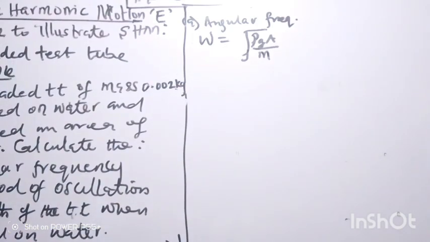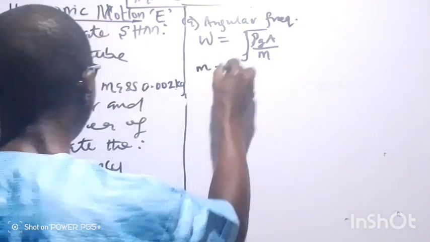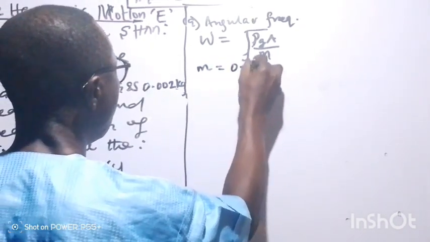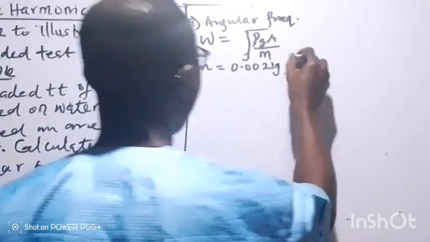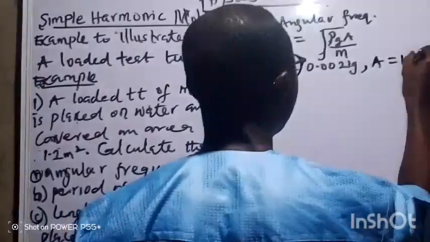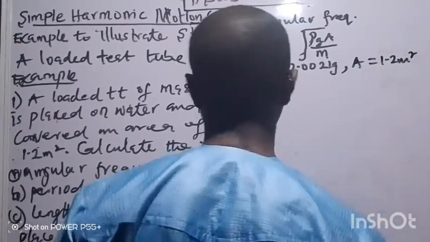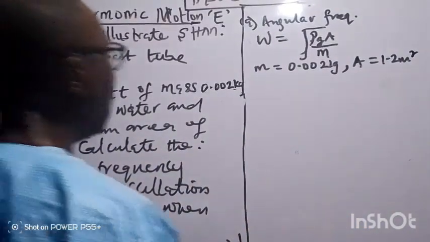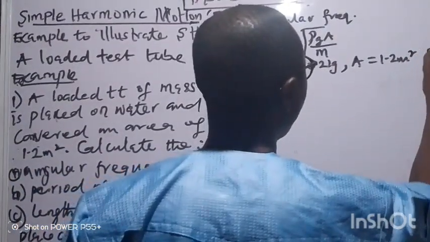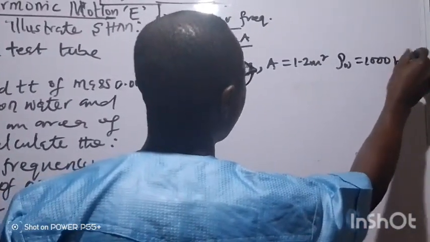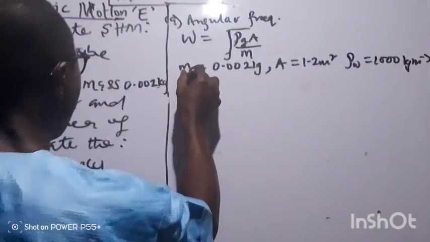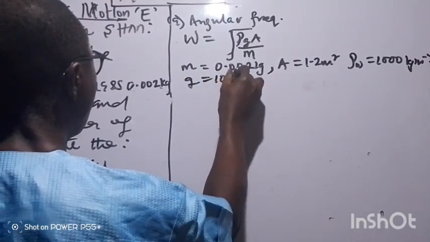From the question, we were given mass M as 0.002 kg, area A as 1.2 meter square, then density of water is given as 1000 kg per meter cube. The last parameter is g, which is equal to 10 meter per second squared.